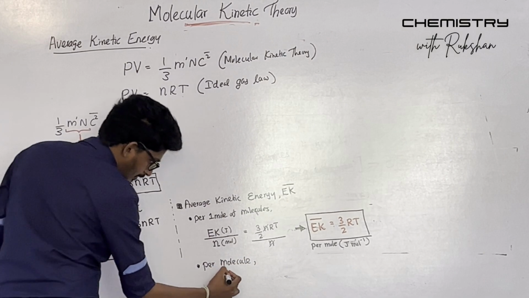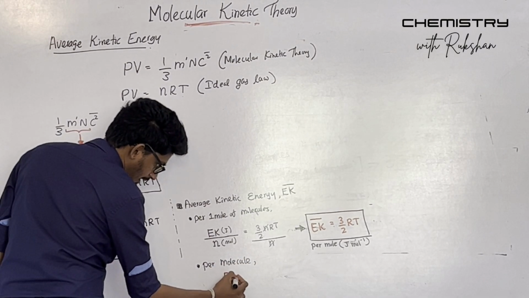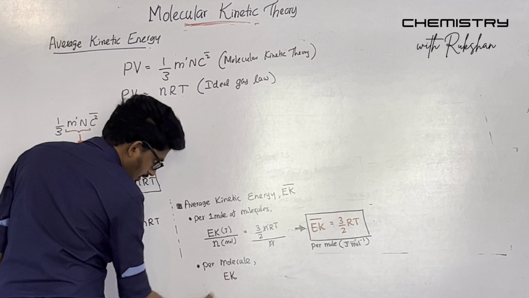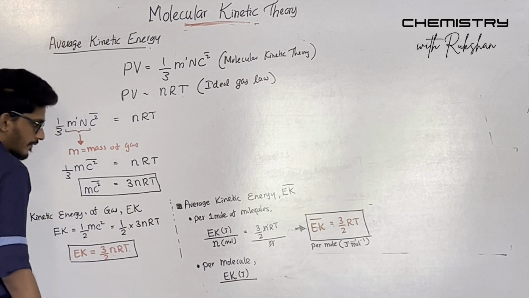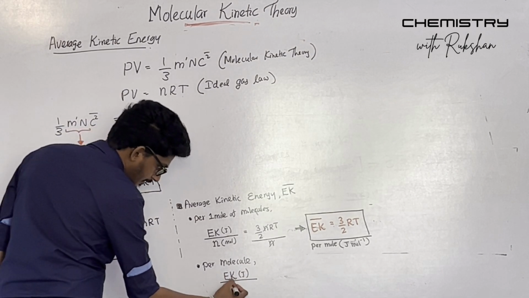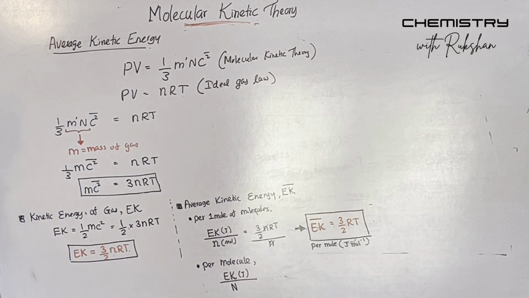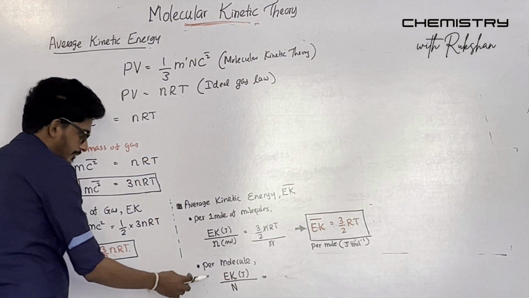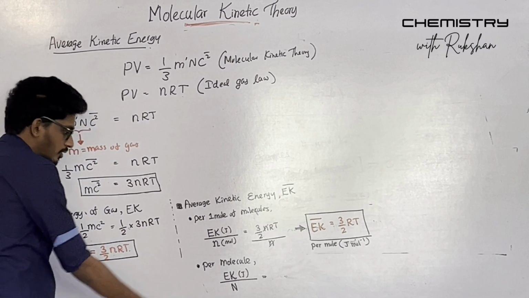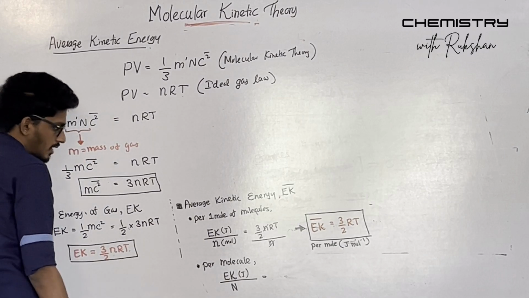If you have to take it for one molecule, you have to divide the kinetic energy by the number of entities. The number of entities is going to be the number of molecules, right? We have divided by the number of entities to come up with the average value, right?